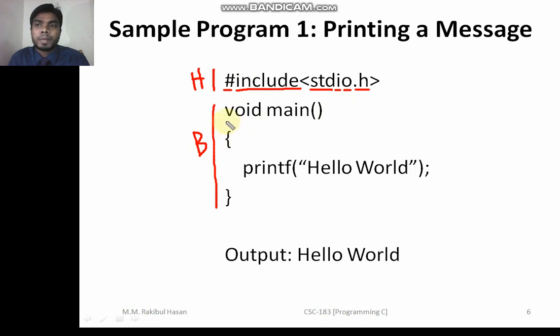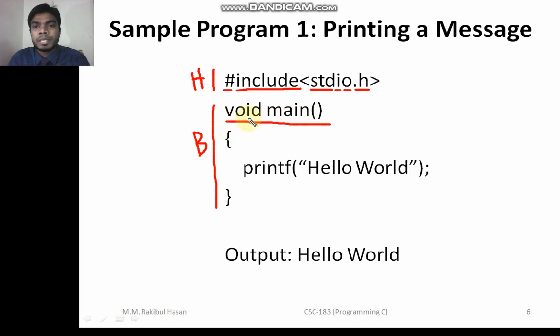Then the second part, the body part. At the very beginning of the body part we use void main. This is a special function we use in C programming language, and void main indicates the starting point of your program.